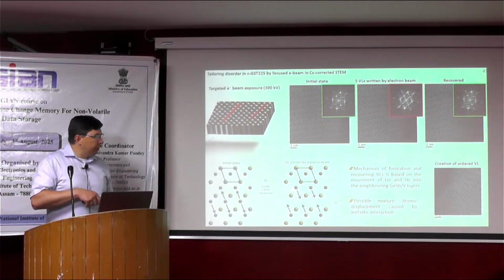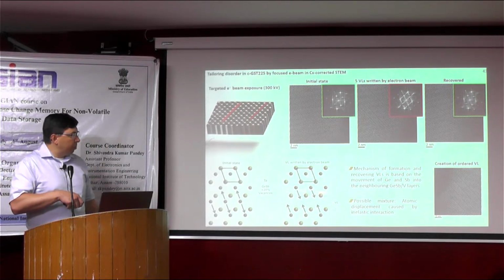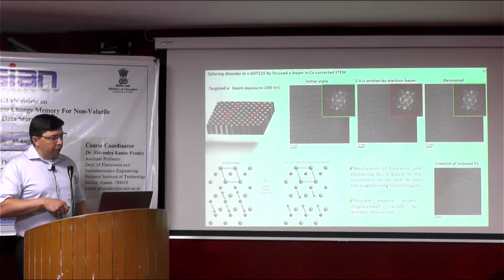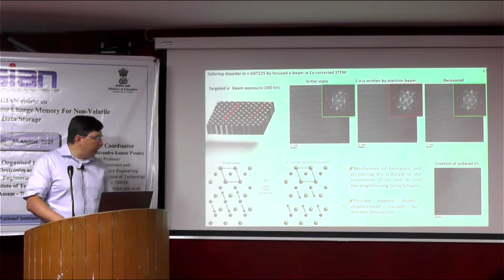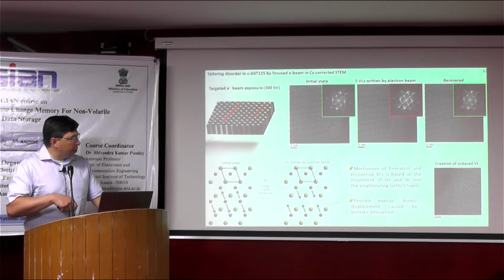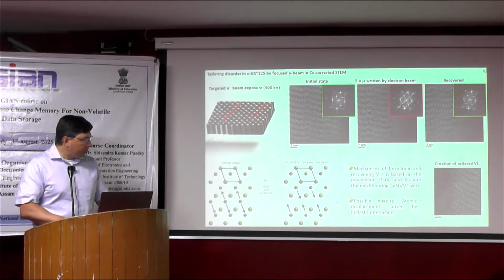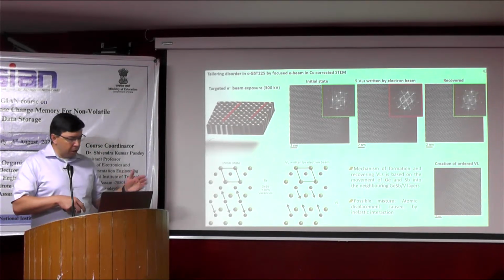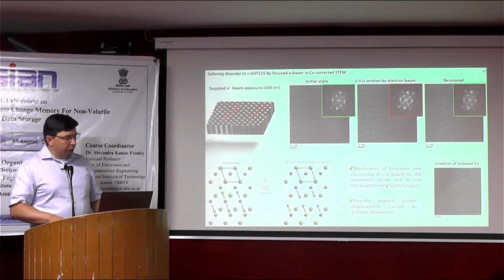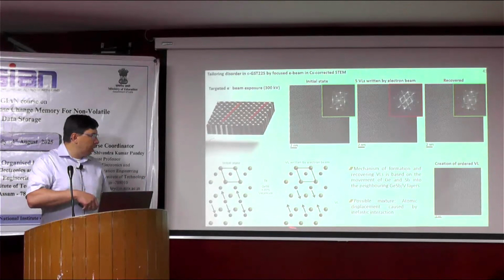So again, we have atomic displacement of germanium and antimony towards the vacancy layers, and this is induced by the electron beam, most probably during inelastic interaction, as I said, because of electron energy transfer to the electron sublattice of this GST225.